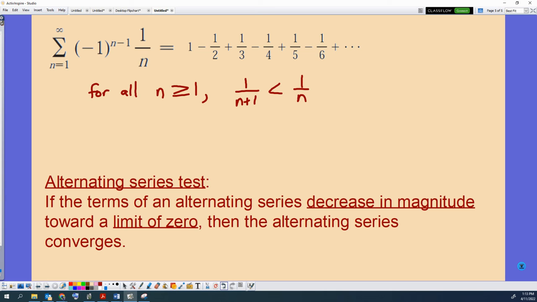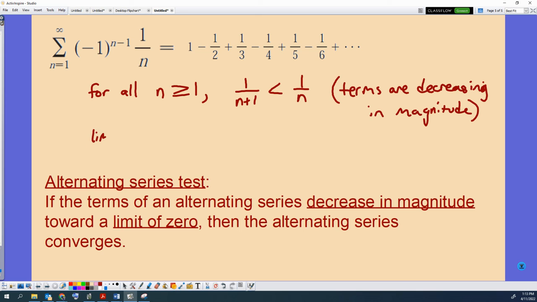That's a true statement, and that shows that the terms are decreasing in magnitude. And then we could also say the limit as n goes to infinity of 1 over n is 0. As n grows infinitely, these terms are approaching 0.